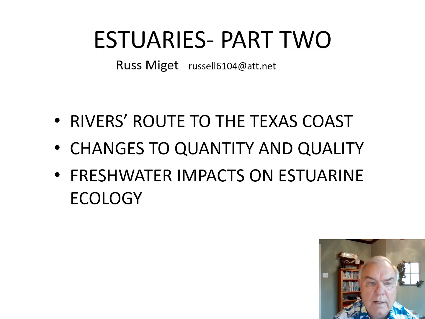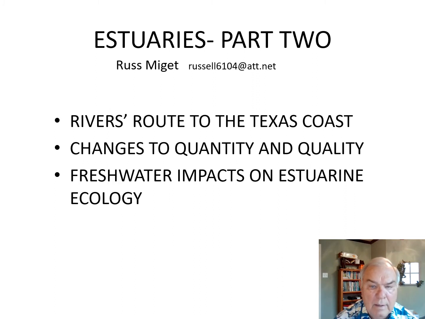Okay, in this second part of our training on estuaries, we're going to talk about the source of fresh water to our estuaries, the river's route to the Texas coast, and changes to the quantity as well as the quality of river water before it enters the estuary.